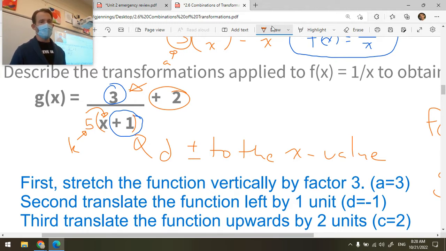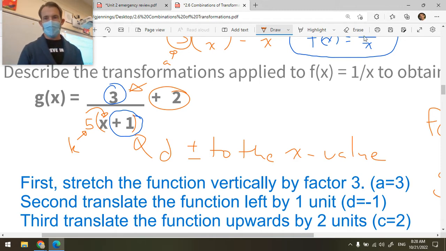And that would multiply your X, but you would think of it just as squeezing the function by factor 5 towards the Y-axis. Yeah? Do your A and K transformations first, and then your C and D transformations, because multiplication comes first before adding and subtracting.